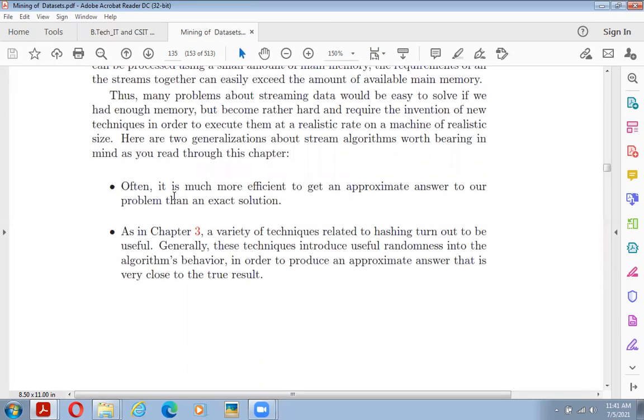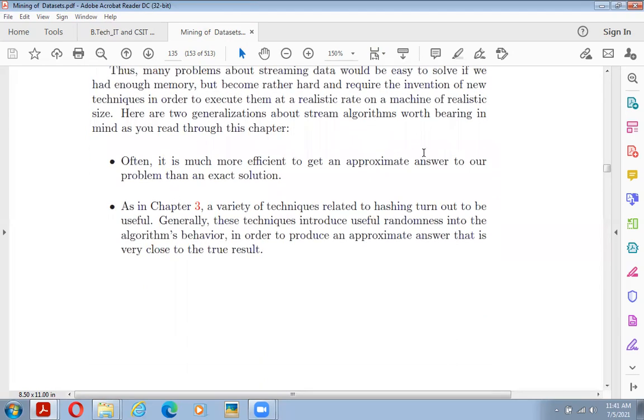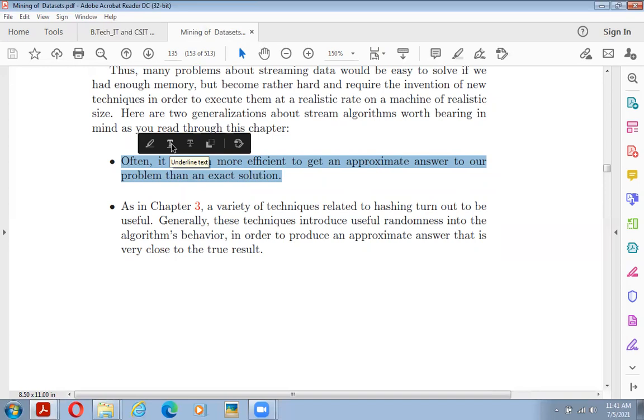Now, to generalize about stream algorithms, it is often more efficient to get an approximate answer to a problem than an exact solution. From the stream management system, we get the approximate answer. With the help of the last month's data in the previous example, we get an approximate answer.